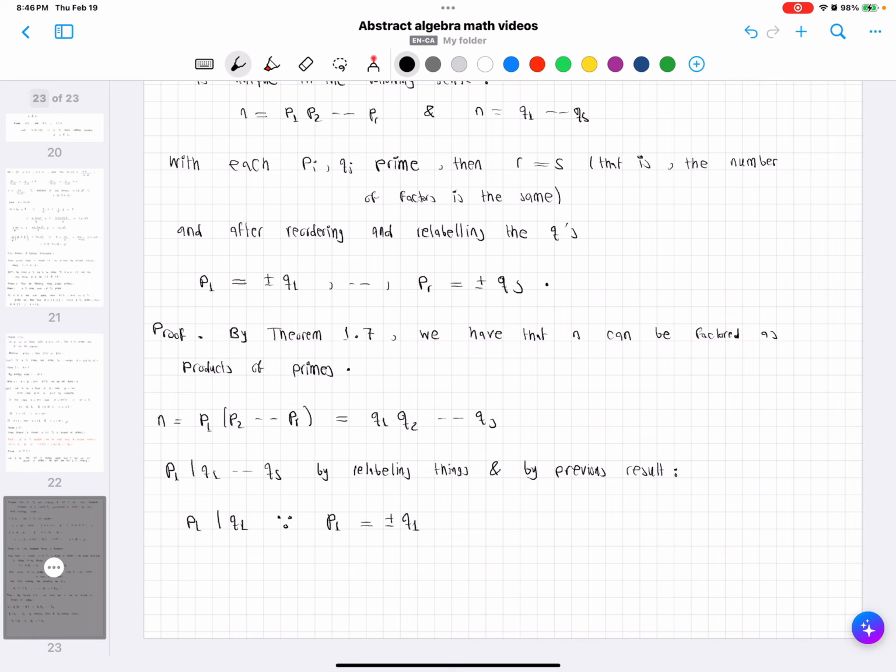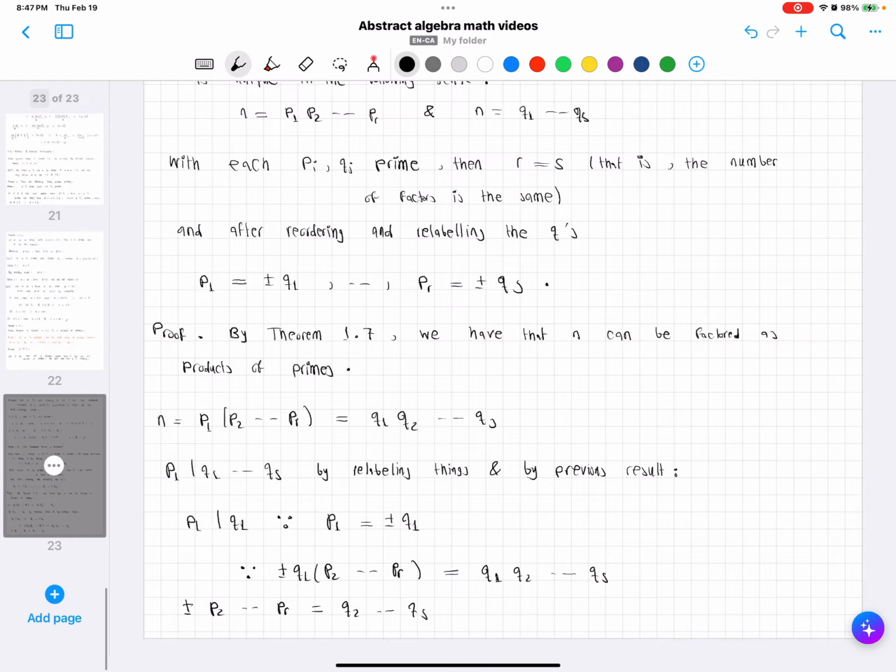So then what we get is plus or minus Q1, P2 up to PR is equal to Q1, Q2 up to QS, and then we can cancel Q1 from both sides, and we get that plus or minus P2 to PR is equal to Q2 to QS. And we can do the same trick.